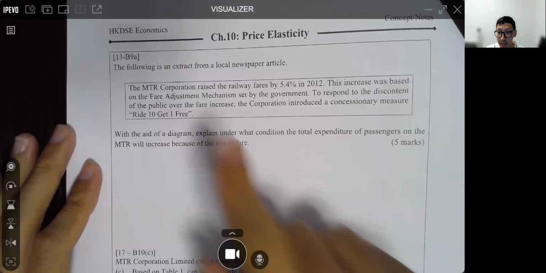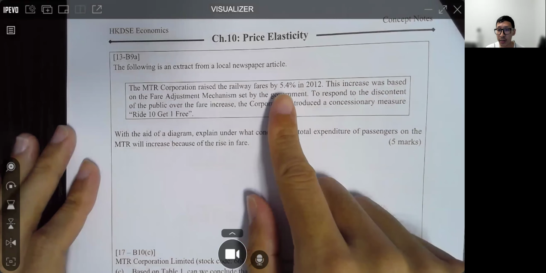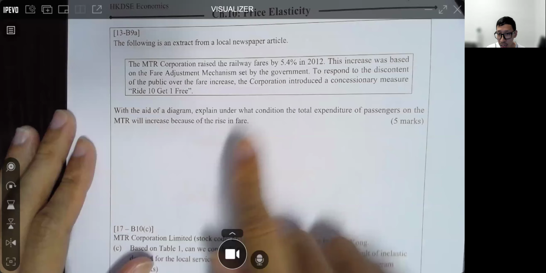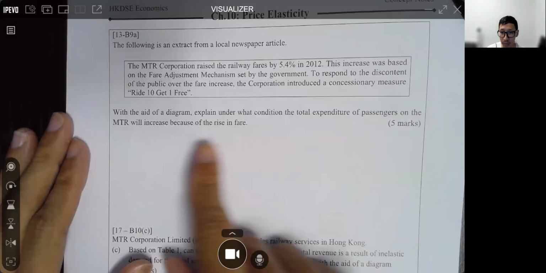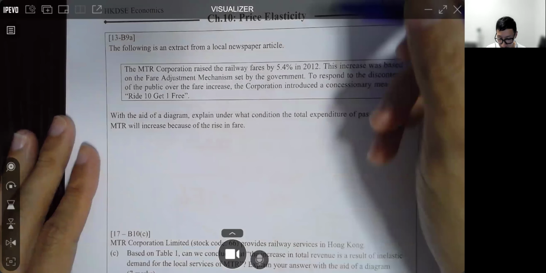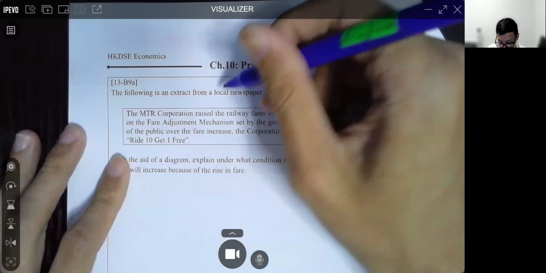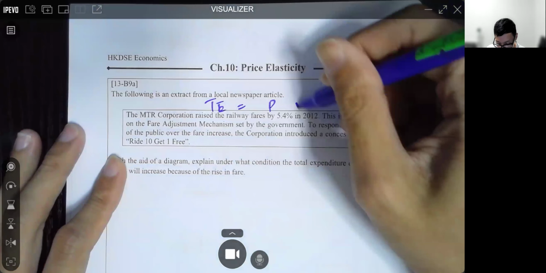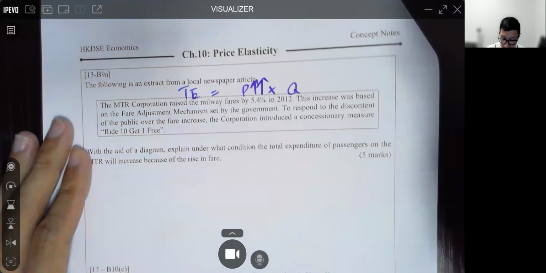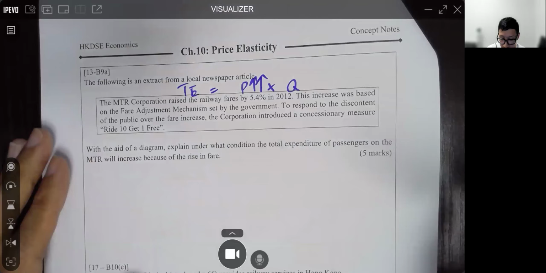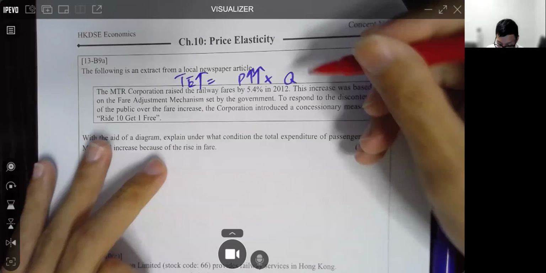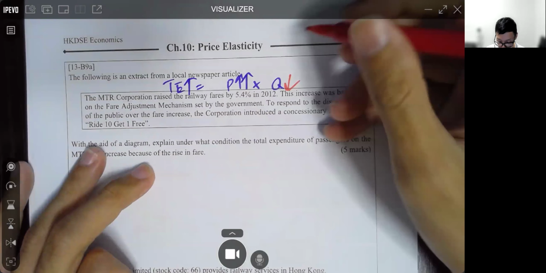It says MTR increase fare by 5.4%. Okay, 好嘛？好啦，Under what condition passenger total expenditure would increase？好啦，你試下啦。The logic again, TE equals to P times Q. Now we know price increases. When would TE increase? When quantity drop, but by a smaller percentage.